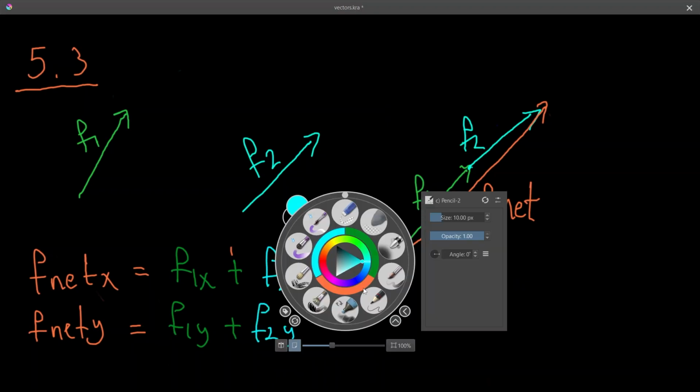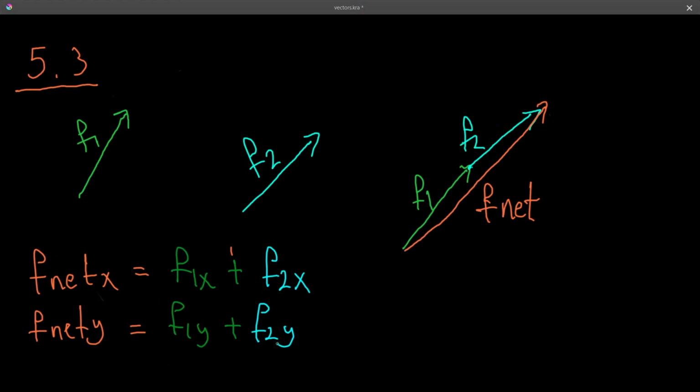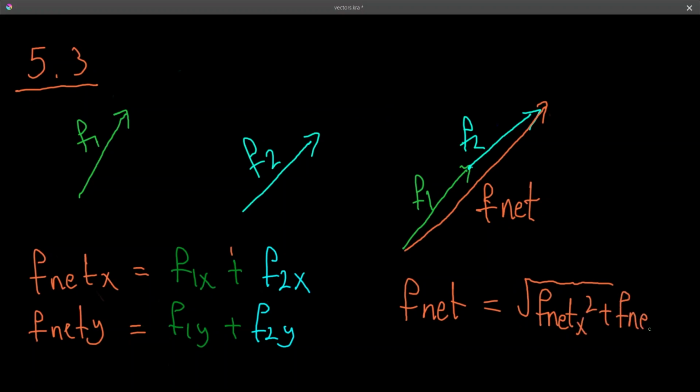And then, as you saw a few minutes ago, F net will be equal to the radical of F net x squared, its x component squared, plus F net y squared, its y component squared. That's it. That's how you find the magnitude of F net.